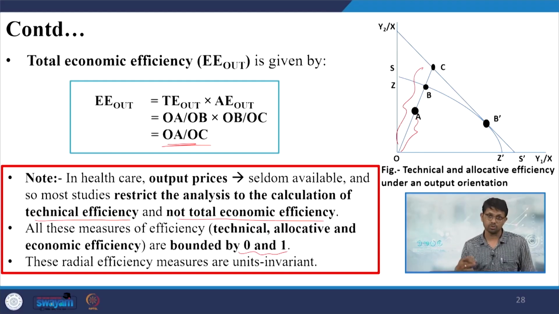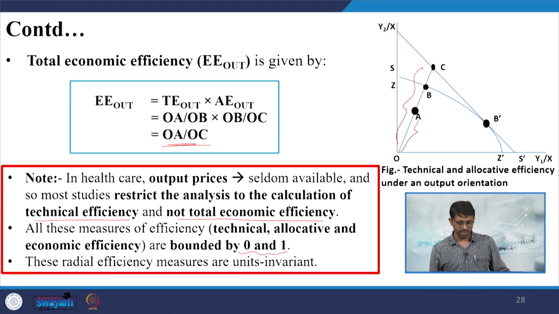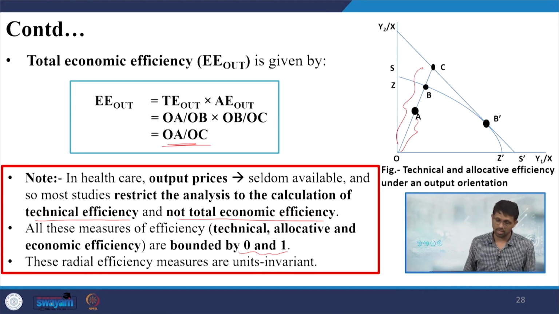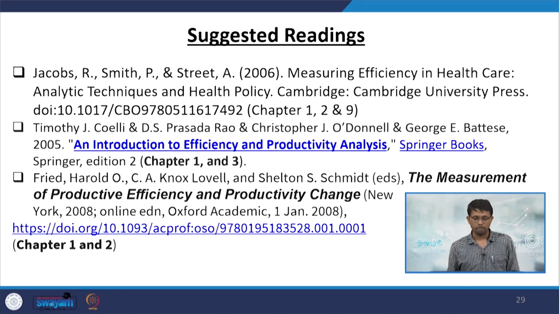We will discuss these values in our calculation through the right software. We will be using DEAP software as well, and that is open access software. These radial efficiency measures are units invariant, so the variables are scaled, and hence those values are considered to be comparable.